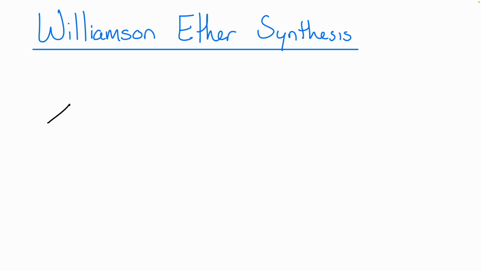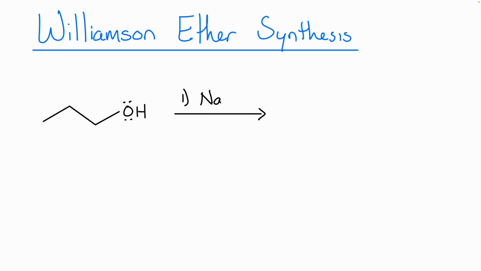All right, so what we're going to do is take an alcohol, and we're going to turn it into a really good nucleophile by treating it with something called sodium hydride.